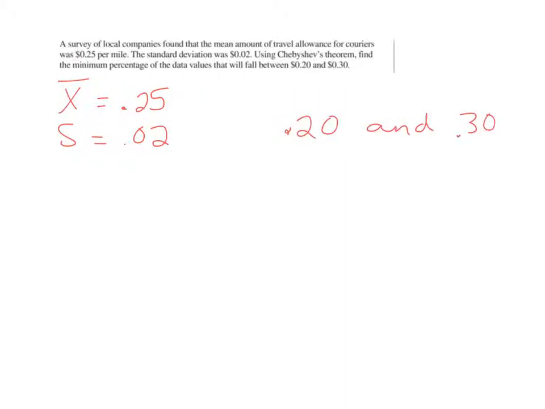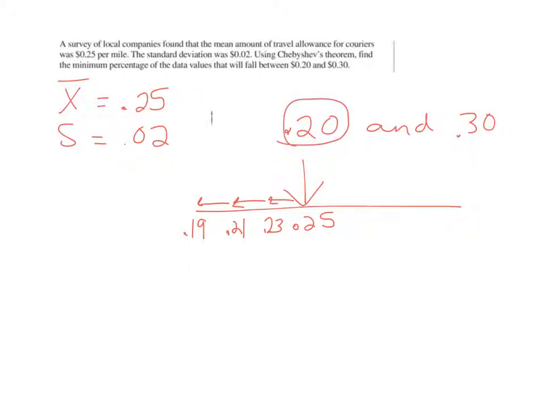Well, let's see. If I put this on a number line, and 25 cents is in the middle, our mean, and I go down 2 cents, 1 standard deviation, I'm at 23. And I go down 2 cents more, I'm at 21. And if I go down 2 cents more, I'm at 19. But this says 20. 20 is right here.